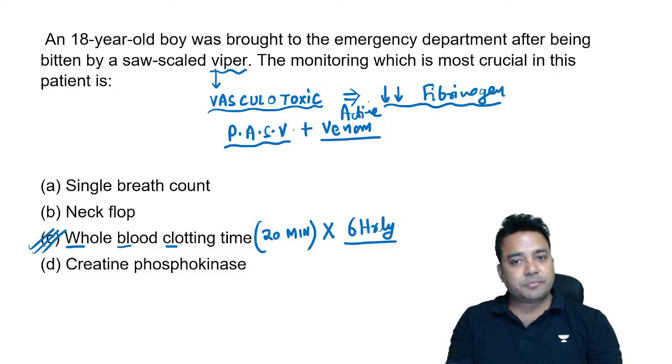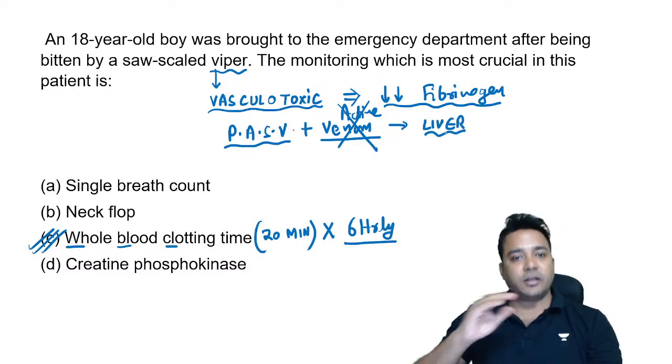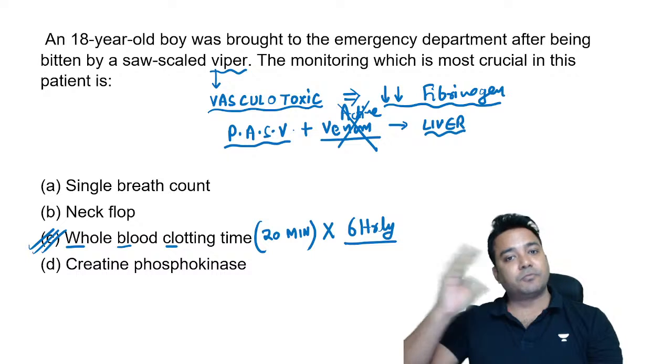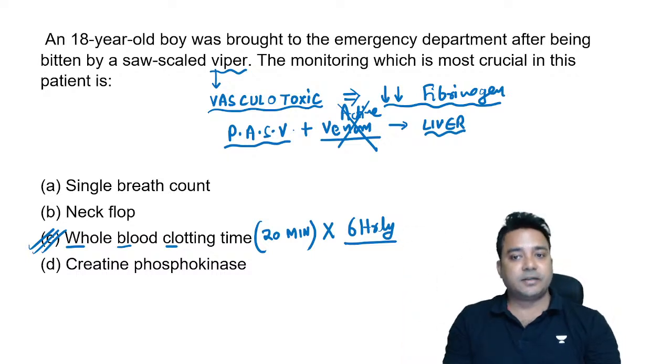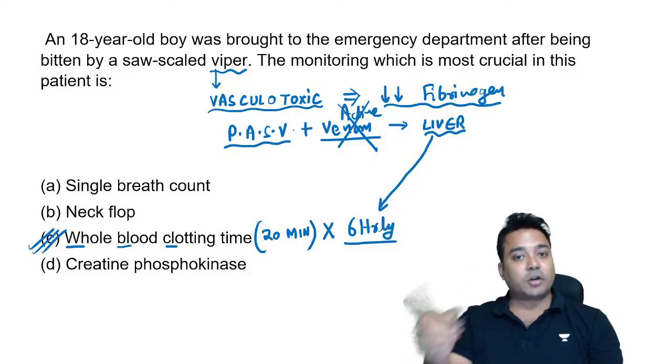So this active venom is neutralized basically by the polyvalent ASV. This will help the liver to maintain the levels of clotting factors as was normally present in the patient. But liver takes about 6 hours for this maintenance to be fortified.